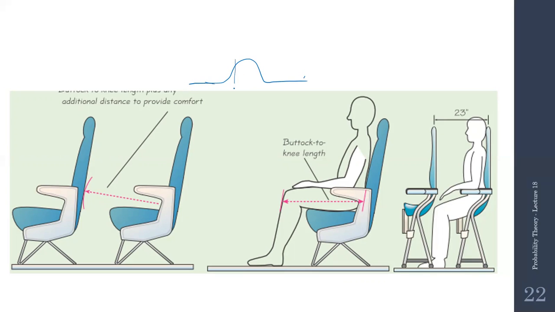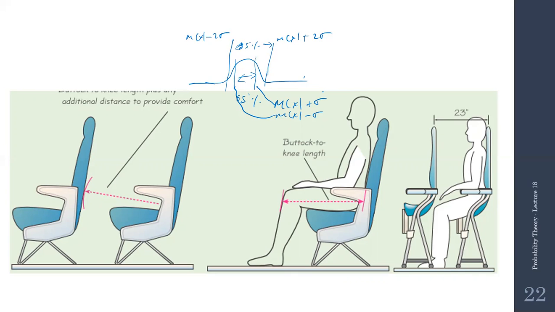So we know that 65% of people fall between mx minus sigma and mx plus sigma. Mx plus sigma is this point, mx minus sigma is this point, and 65% of people will fit here. And 95% of people will fit into this other place, which is mx plus 2 sigma and mx minus 2 sigma.